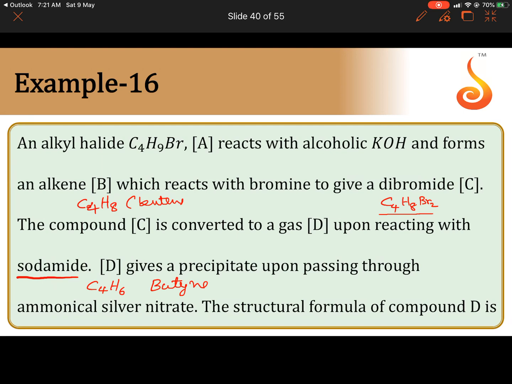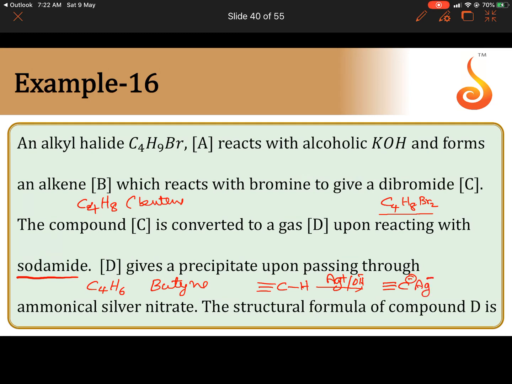D gives a precipitate upon passing through ammoniacal silver nitrate. So we know terminal alkynes only, on passing through ammoniacal silver nitrate, produce a precipitate.